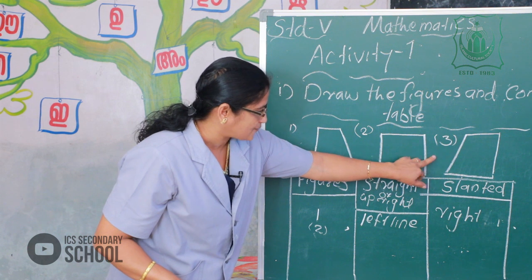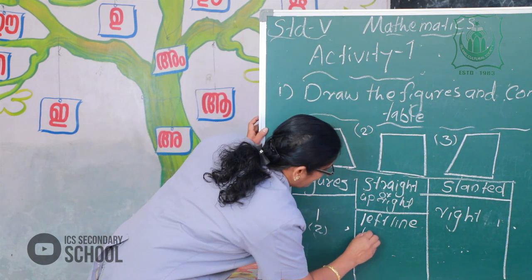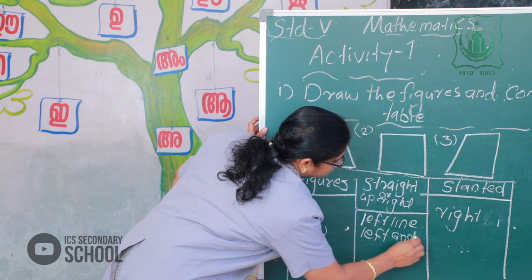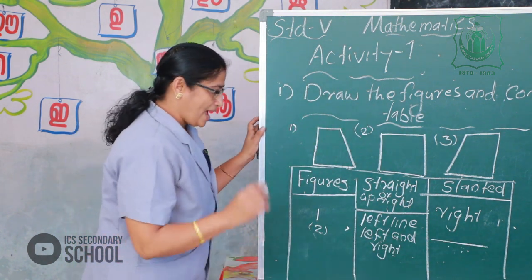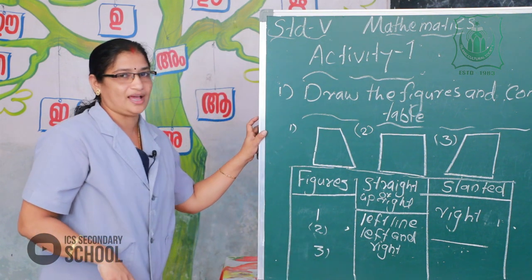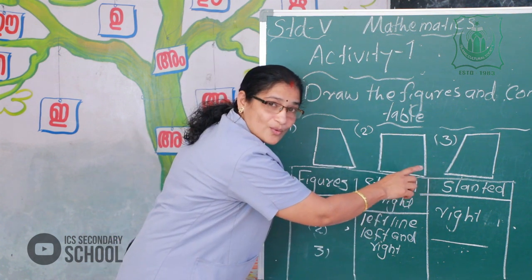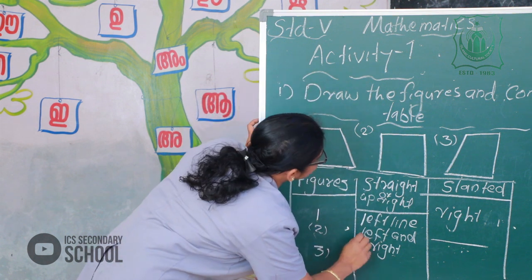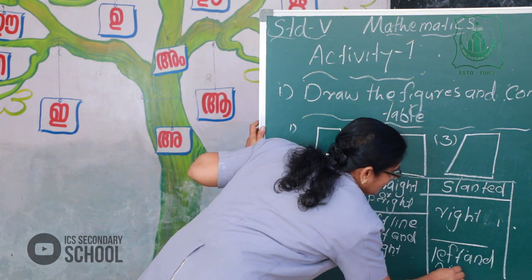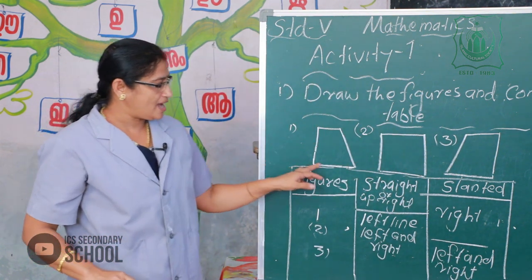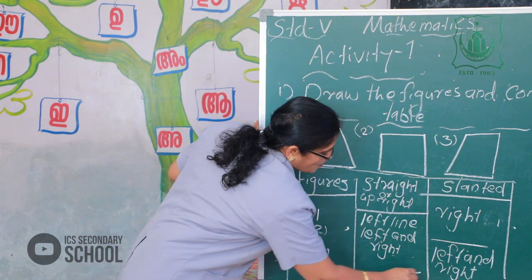Left and right are slanted. This quadrilateral has left and right lines slanted and no straight.